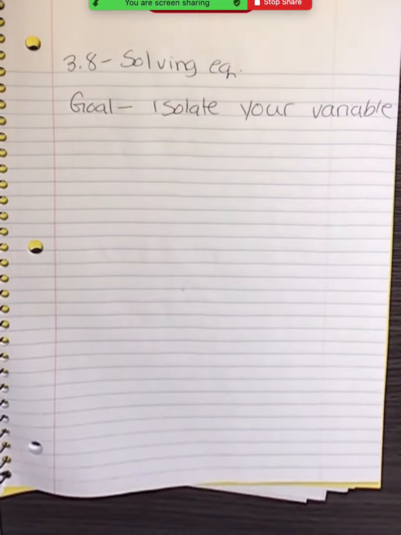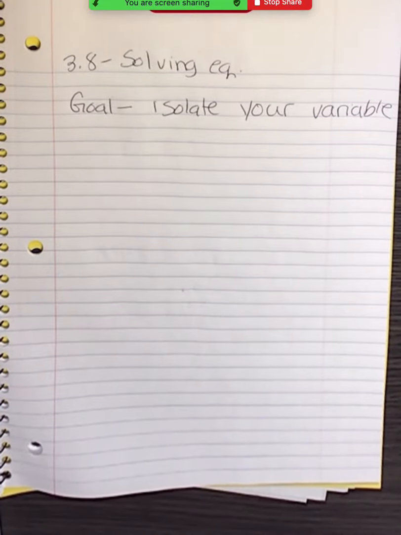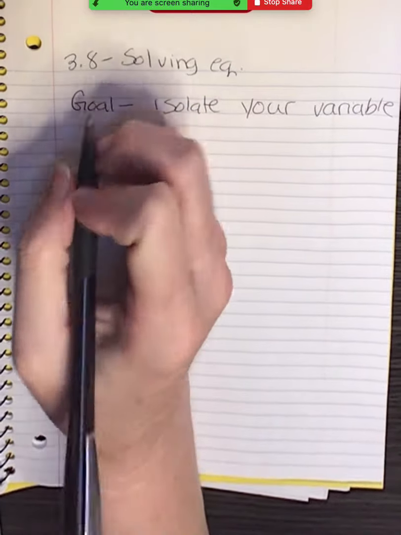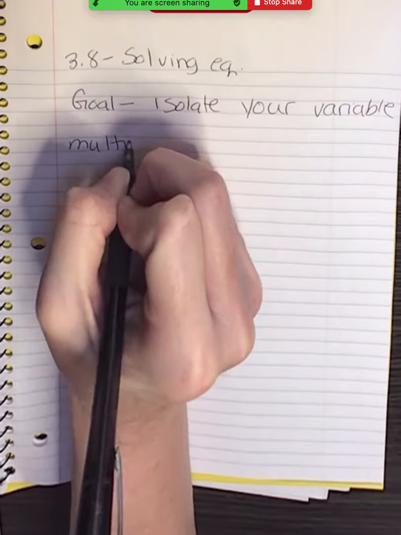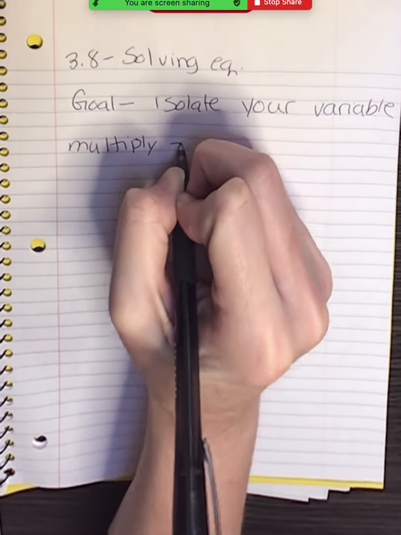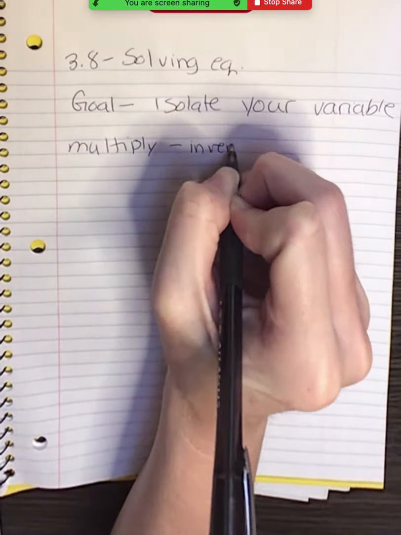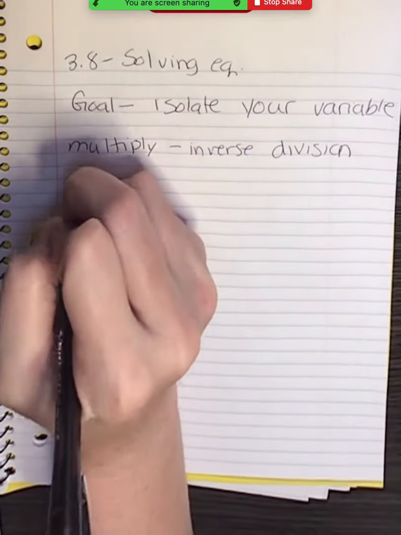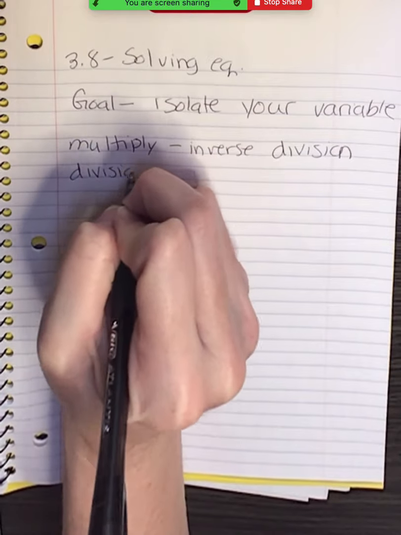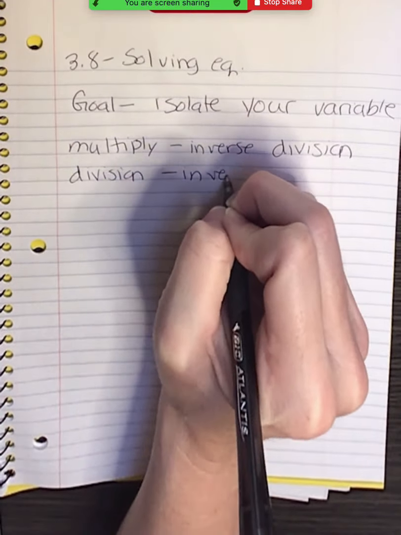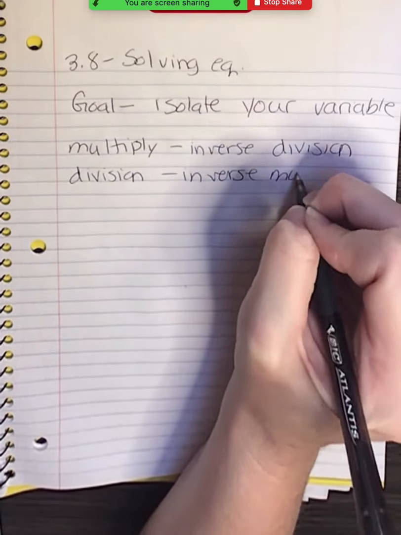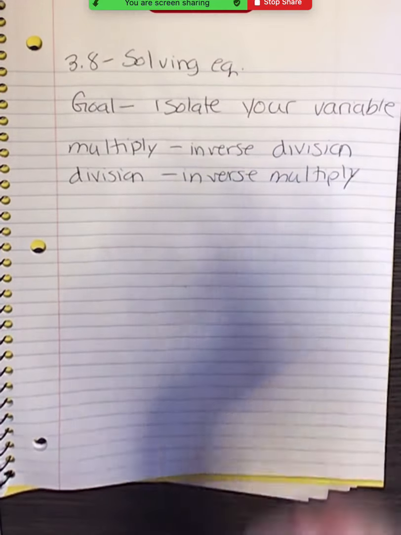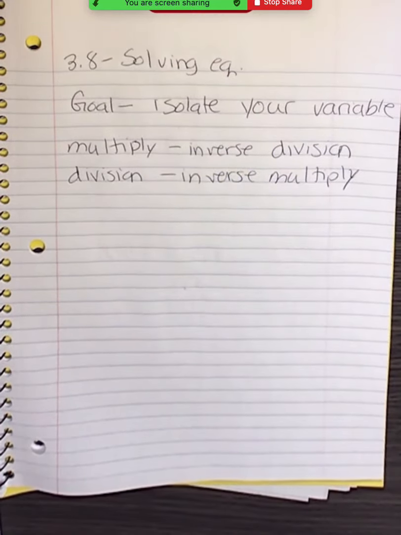This gets done using inverse operations. Okay, so when you have multiplication, you use the inverse of division, and when you have division, the inverse is multiplication. Okay, we use those inverse operations to solve.